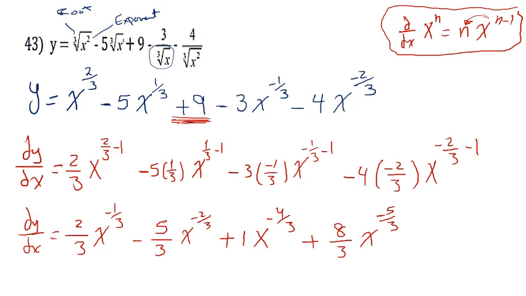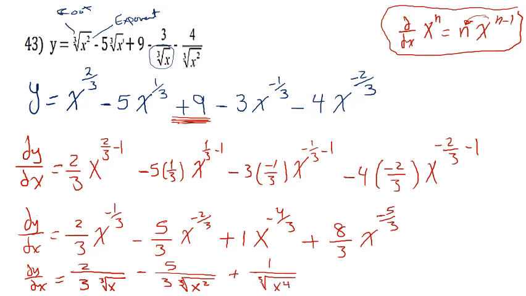So I can write dy by dx in simplest form as 2 divided by 3 times the cube root of x, minus 5 over 3 times the cube root of x to the power of 2, plus 1 over the cube root of x to the power of 4, plus 8 over 3 times the cube root of x to the power of 5.